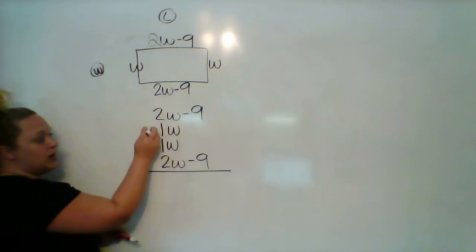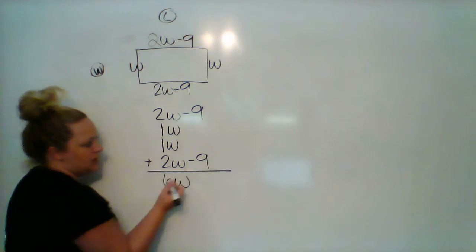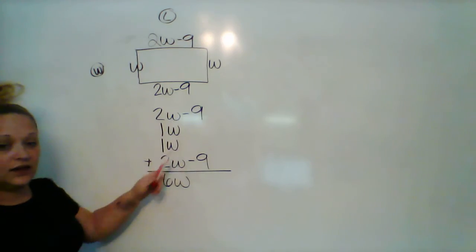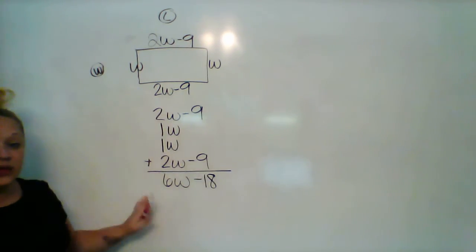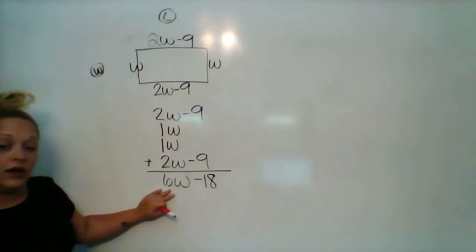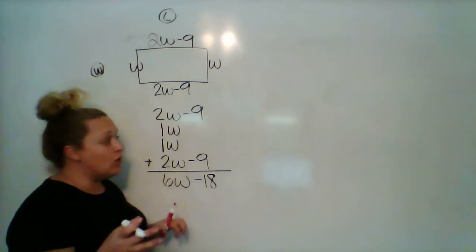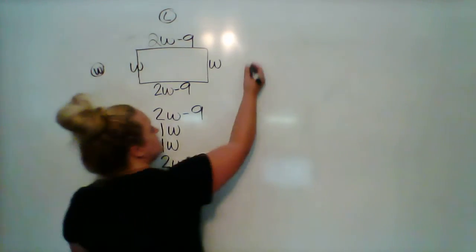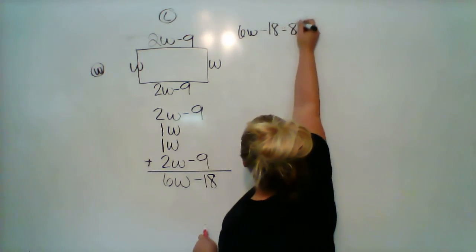So 2 plus 1 is 3, plus 1 is 4, plus 2 is 6W. Okay? Negative 9 and negative 9 would give us a negative 18. So we now know that this is the equation for the perimeter. But I also know that the whole perimeter equals 84. So now I have 6W minus 18 equals 84.